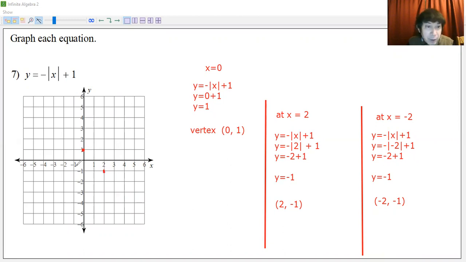And the negative 2, negative 1 at the third there. And so we're ready to draw our graph. Let's use straight lines there, and use another one on the other side. All right, so there you are. This is our absolute value function graph for number 7.